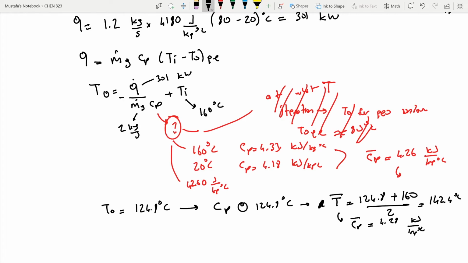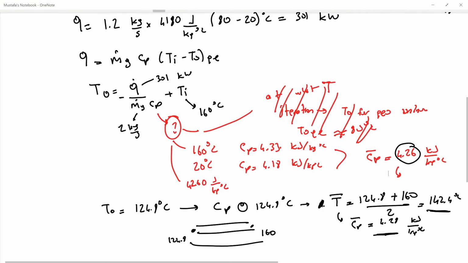So this is not bad. When we are looking up the properties, we have to look up the mean of inlet and outlet. Inlet was 160, outlet is 124.8, so the mean temperature is 142, and Cp at this point is 4.28, which is very close to what we initially assumed. So our assumption was not bad.